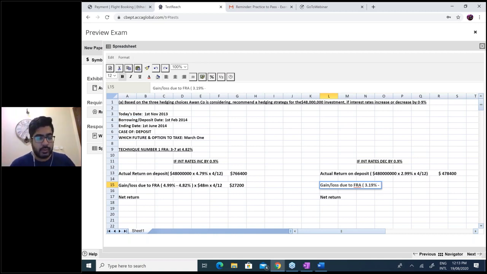But you did FRA at 4.82. This is the difference in rates into amount $48 million into time period. Let's calculate this. $260,800.